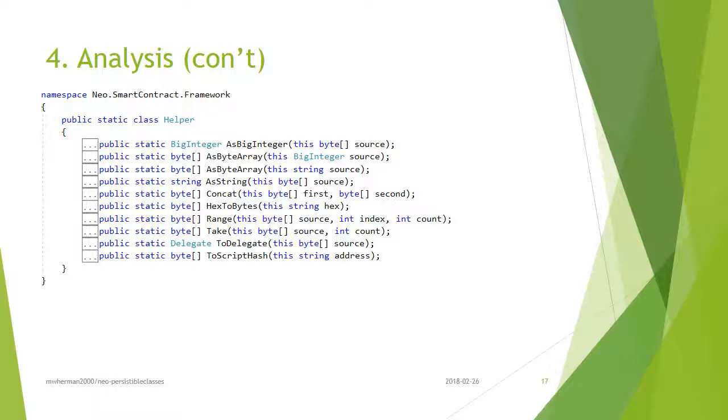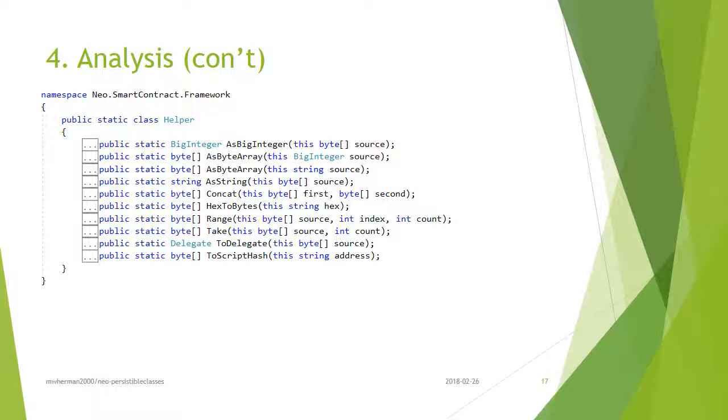The other part of the analysis was around looking at what sort of data type conversions are there, and the key class that helps you with that is the helper class within the Neo Smart Contract framework namespace.